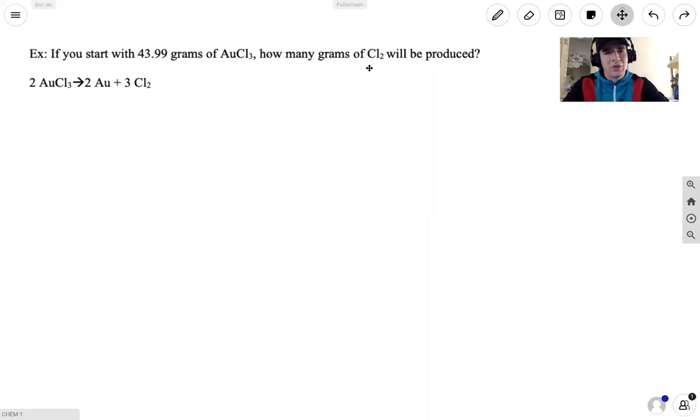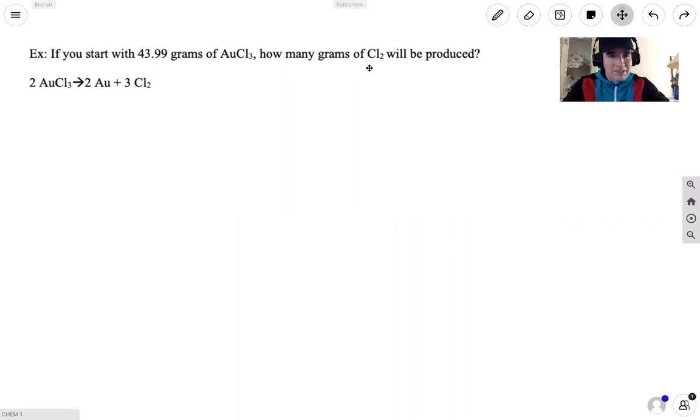And then on Thursday we'll have class, and in class on Thursday you can just ask me questions about the work, or I can work out specific problems or help you with specific problems. But let's look at some example problems for the stoichiometry homework that we have.